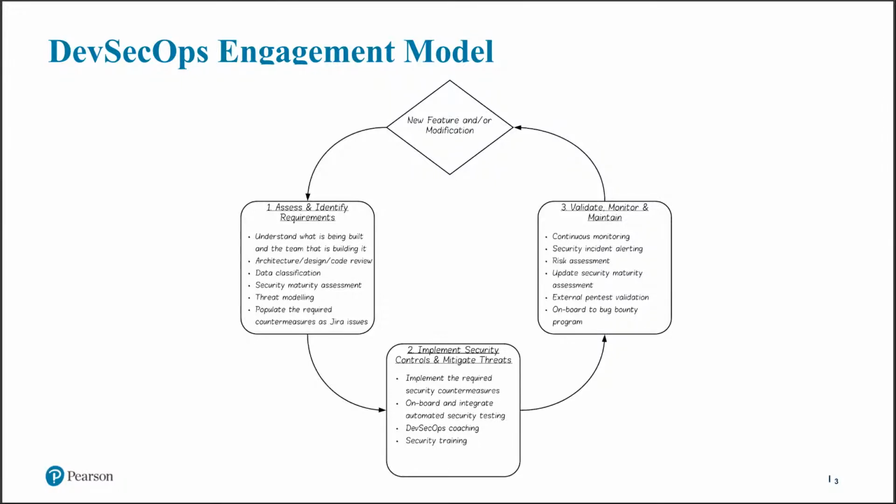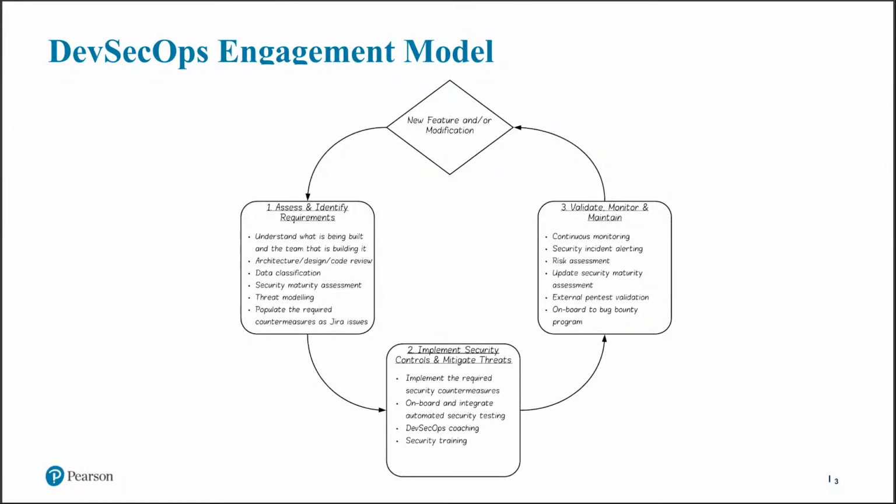Via those forms, we're asking those teams to fill out that security maturity assessment. And then the main body of work in the first stage is generating that threat model, and then creating that body of work via Jira stories to implement those countermeasures.